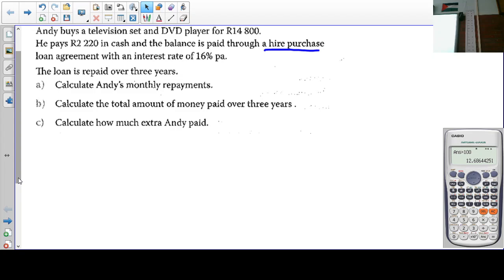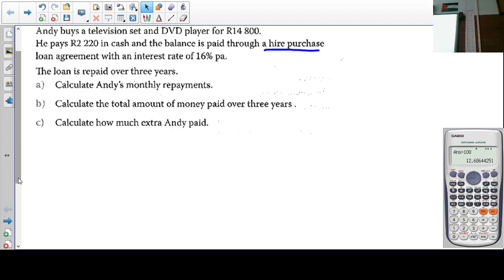Our P value, the initial loan amount, changes. If however we didn't pay the 2,220 rand, then of course we owe 14,800. You understand?